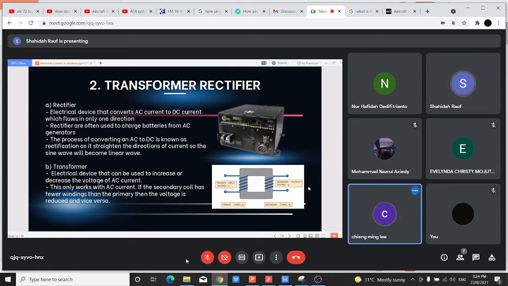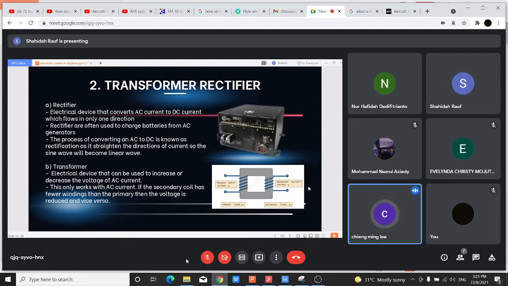So only part of the electrical instruments will be on if only one is running? Yeah. Then you can select a cross tie, which means using only one generator to supply both. You have to select it. Okay, sir.